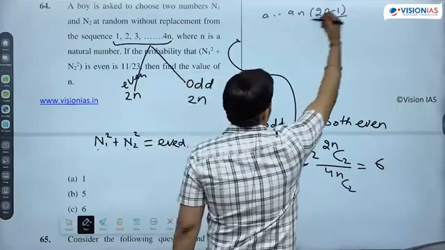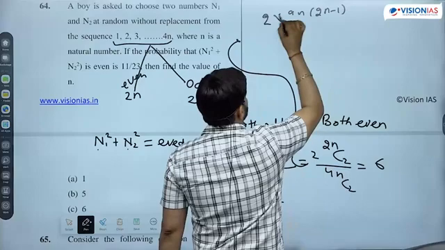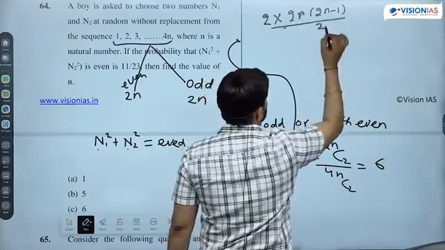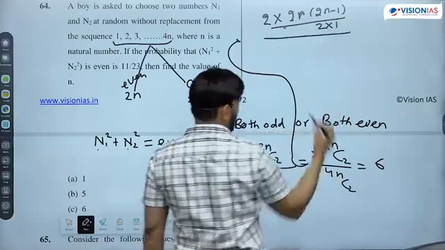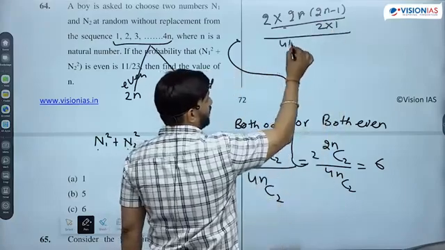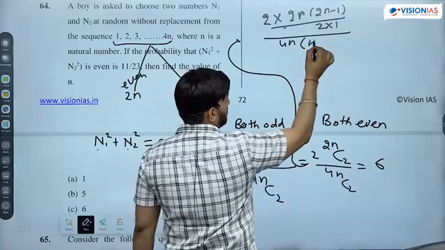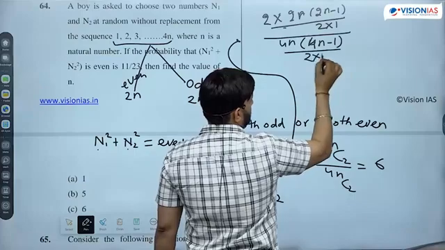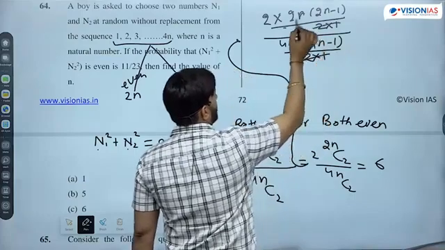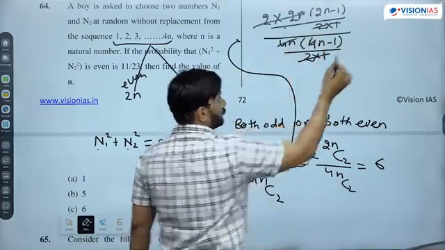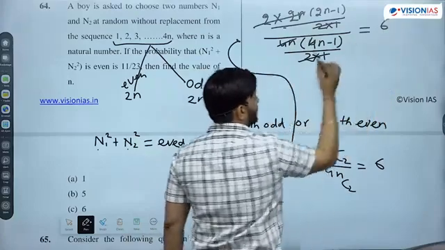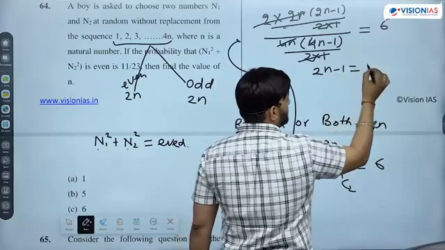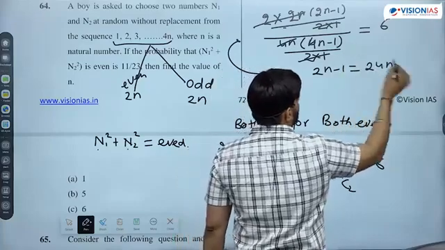Divide by 2 factorial भी तो करेंगे ना यहाँ पे. 2 times 2n upon 2 factorial, 2 into 1 divided by 4n C2, that will be 4n into 4n minus 1 divided by 2 factorial. 2 factorial cancel out. 2n into 2, that is 4n, cancel out. It is 6. Go for cross multiplication. 2n minus 1, that is equal to 4n into 6 is 24n minus 6.